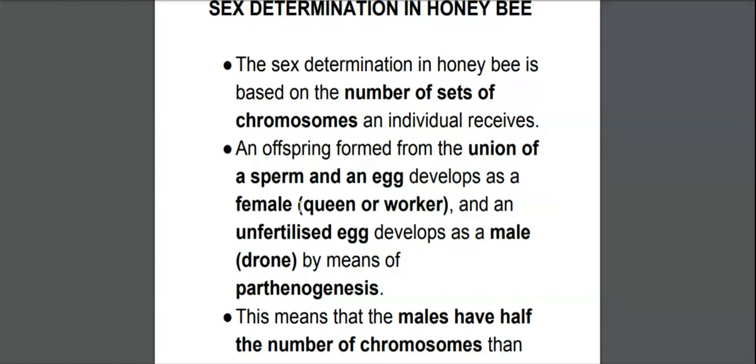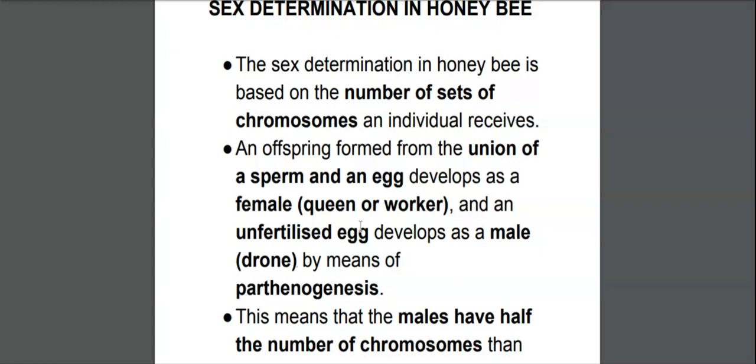So if a female offspring is to develop, there has to be a union of a sperm and an egg. Is that clear? Male offspring in honeybees are called drones. So if a male or a drone has to develop, you get it from an unfertilized egg by a process called parthenogenesis.